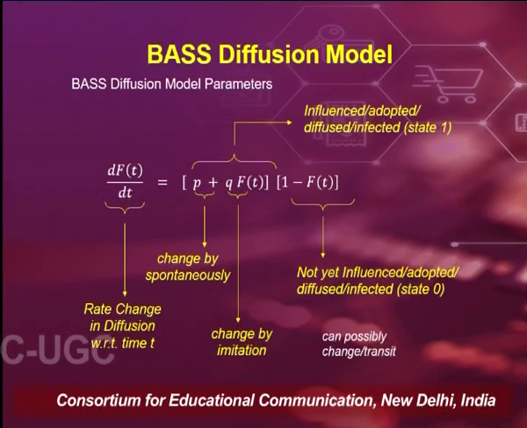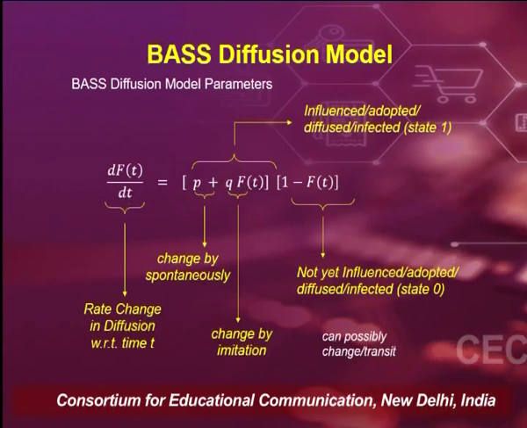It is a diffusion equation, wherein the left hand side shows the rate of change in the diffusion with respect to time t, and it is formulated with two terms in product.